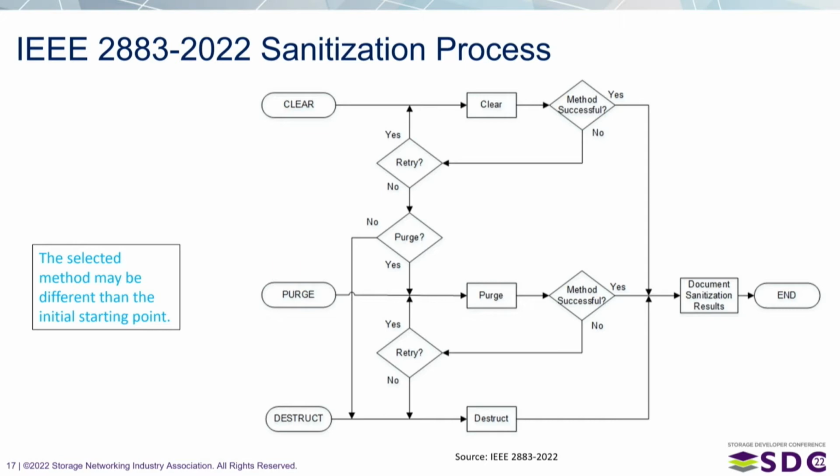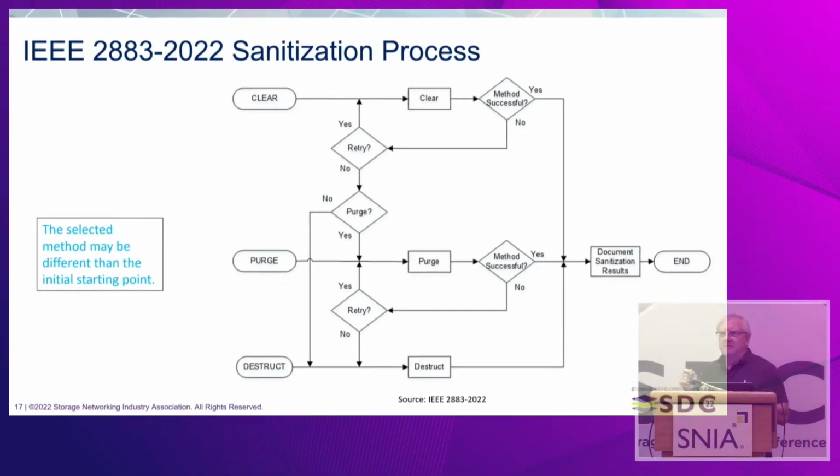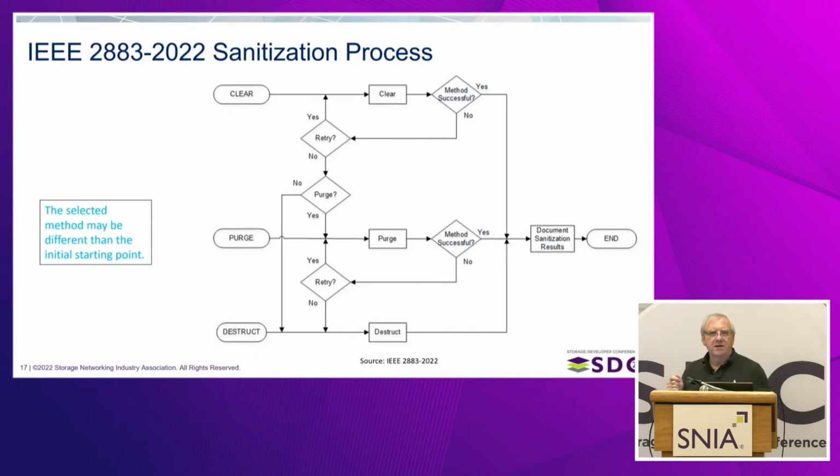Somewhere along the line, maybe it's like a hard disk drive with lots of bad sectors, and you get lots of errors back indicating I wasn't able to get rid of everything because the bad sectors may prevent me.